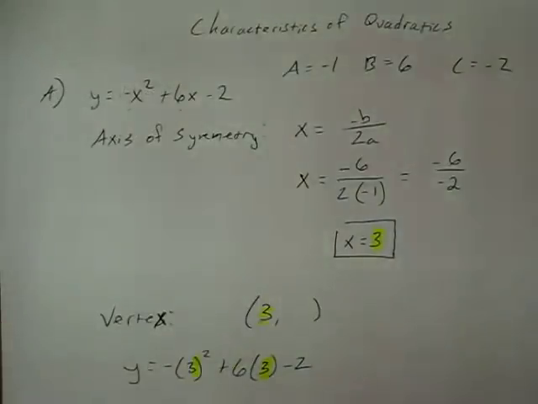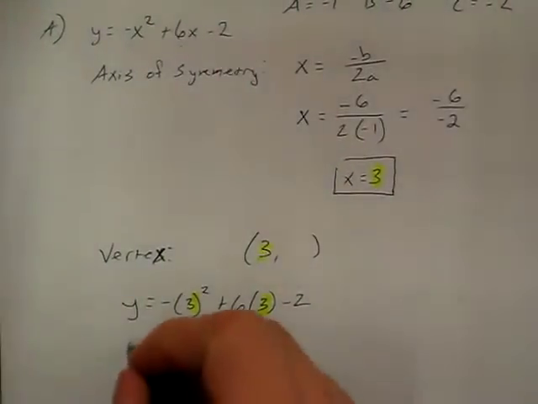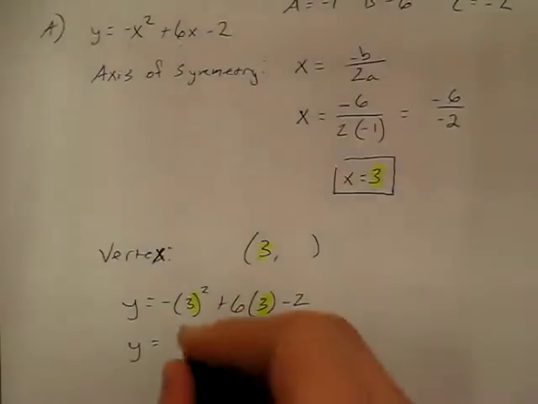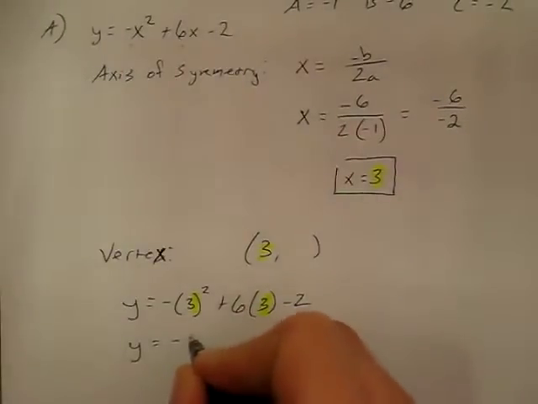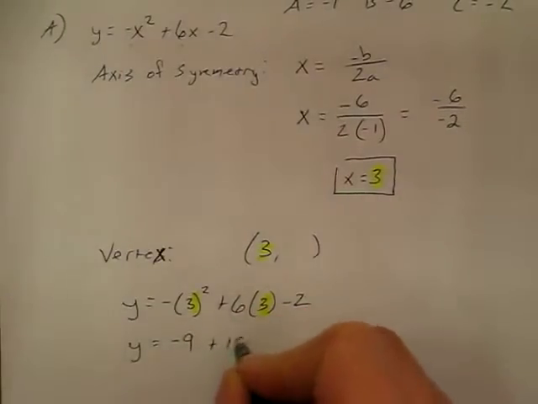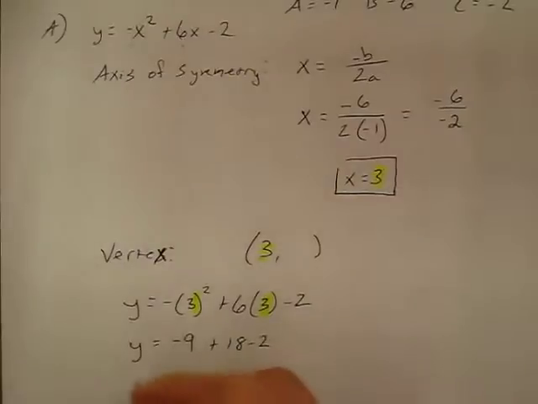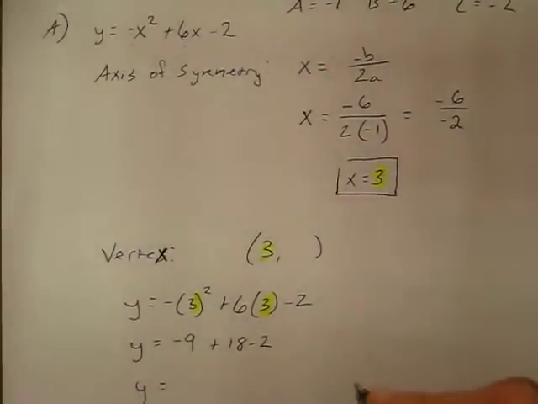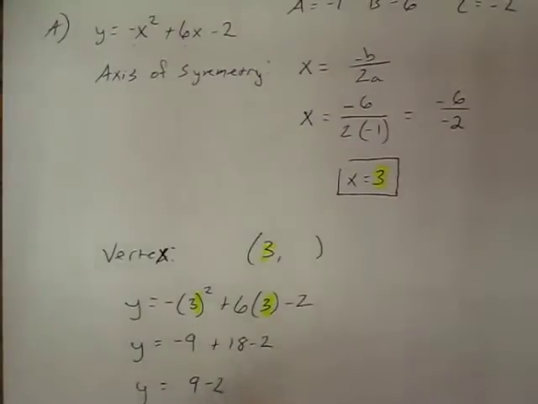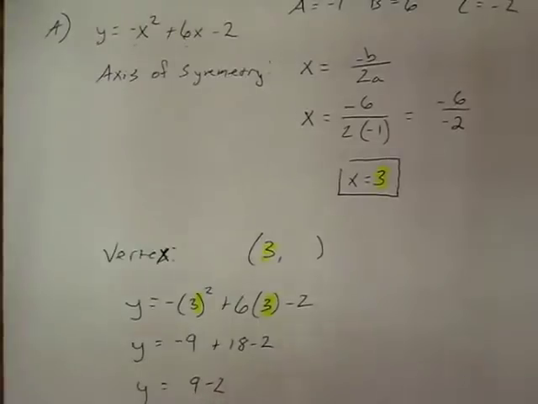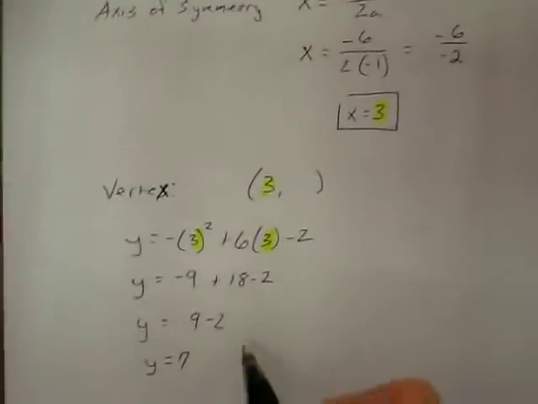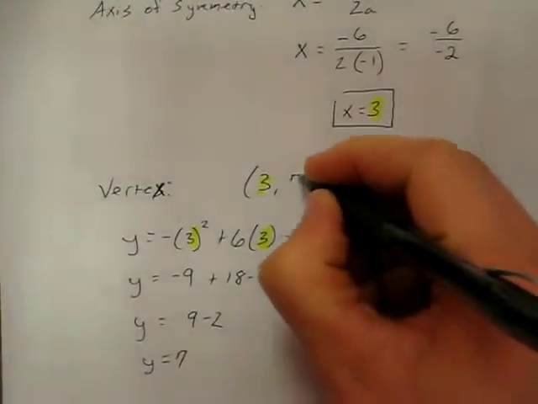Now you can use a calculator, but you shouldn't have to use a calculator. And what that would give you is negative 9 plus 18 minus 2. So y is going to equal, this will be 9 minus 2, y will equal 7. So when x is 3, what we just found is y is equal to 7.